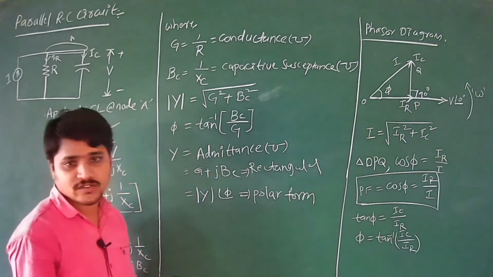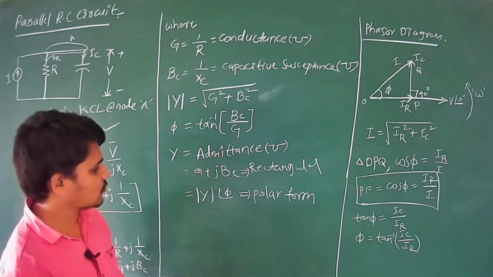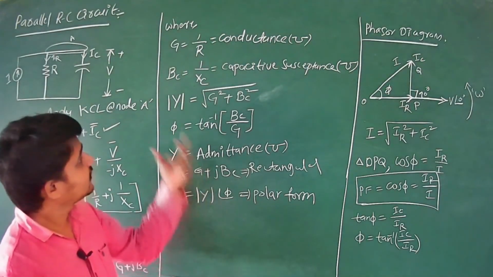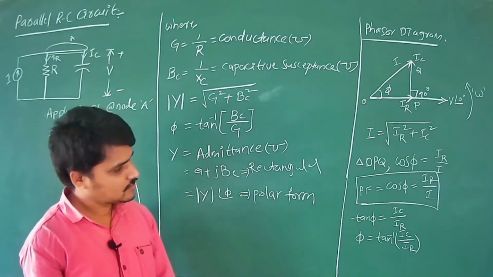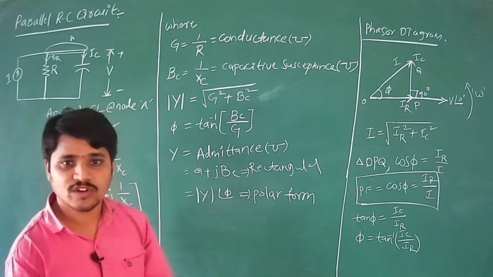You know complex numbers can be expressed in rectangular or polar form. So this is the RC parallel circuit sinusoidal steady state analysis, and the phasor diagram. Thank you for listening to the class.